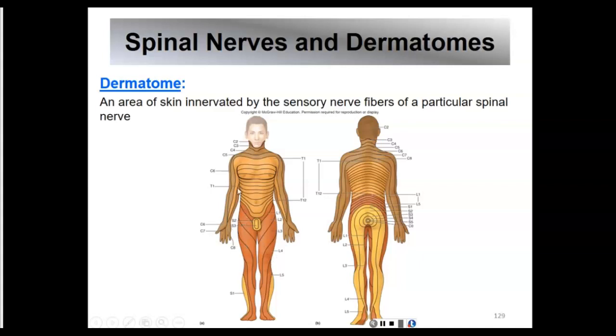And that can be coming from its origination up in the C7 vertebrae. But this is a map telling us, so say you get pain shooting down the front of your calf, you probably have a problem with the L5 nerve.